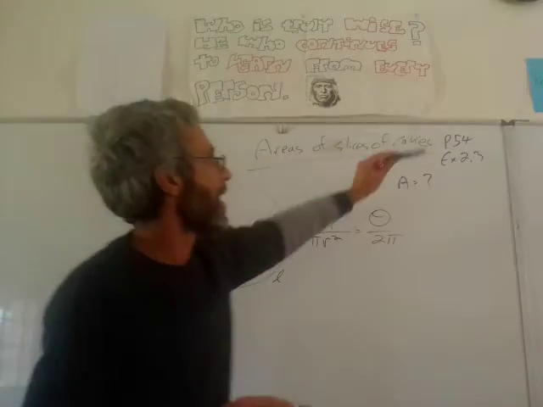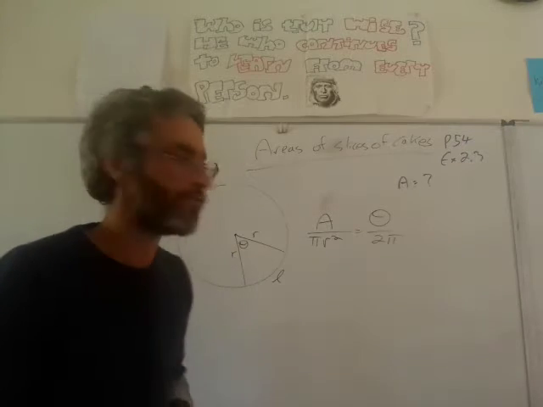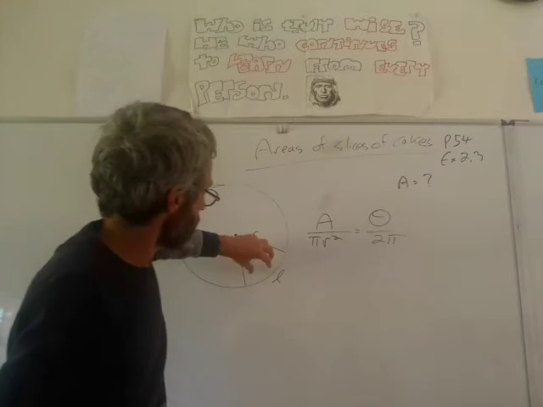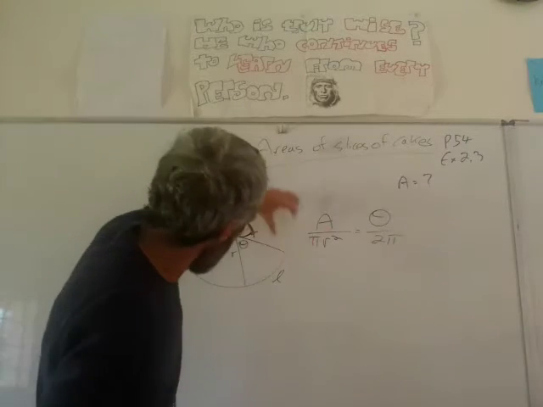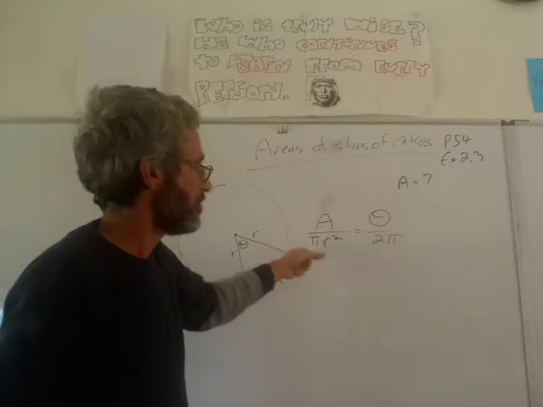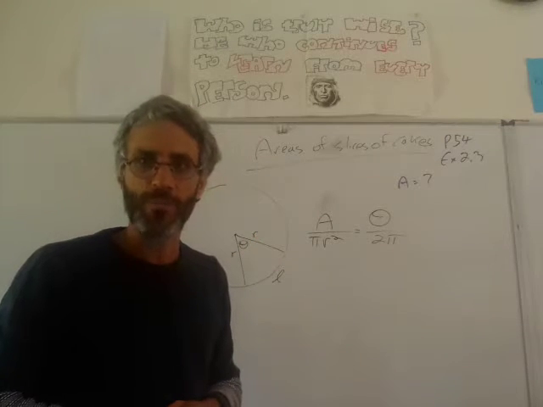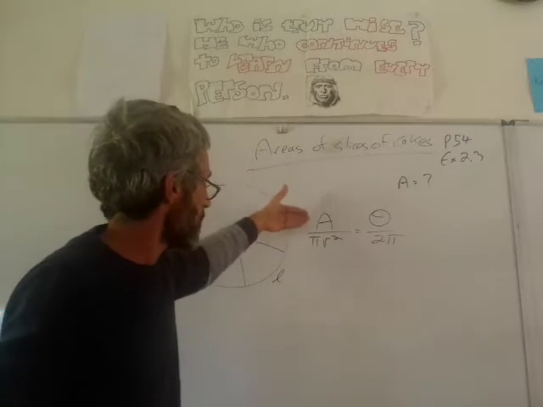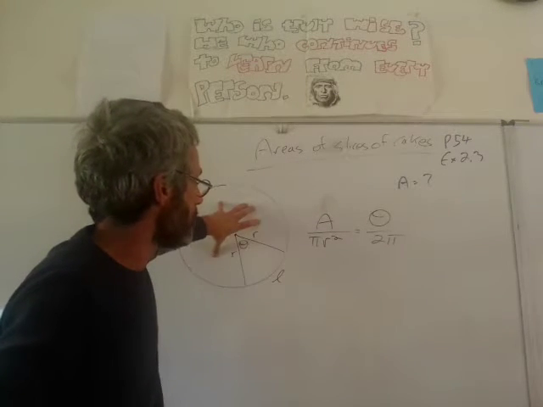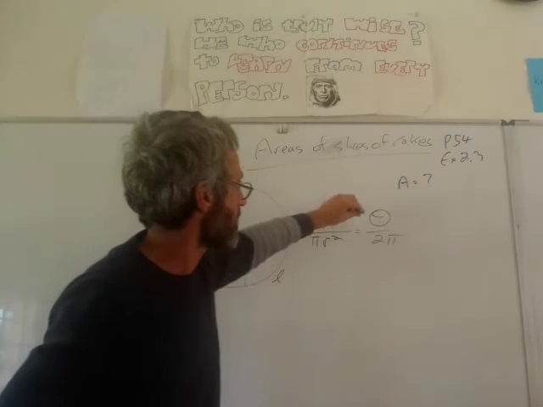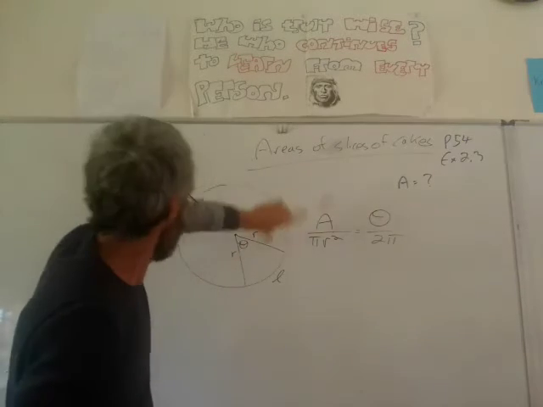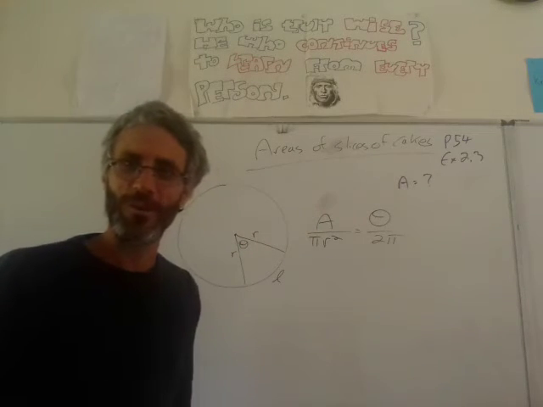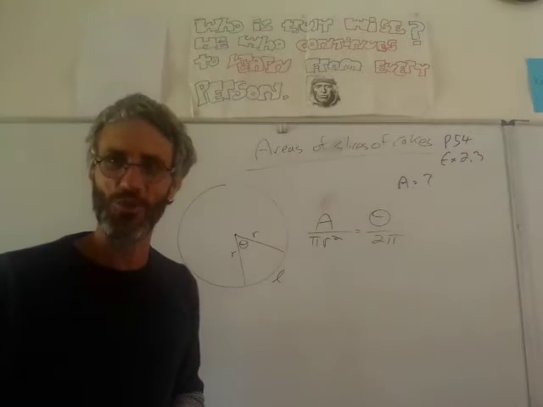I'll just explain that again. By the way, we're on page 54, exercise 2.3. The area of the slice divided by the full cake, pi r squared, is the same ratio as this angle to the full maximum angle, which is 2 pi.